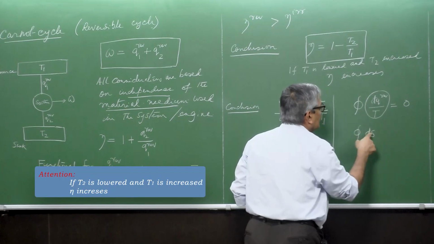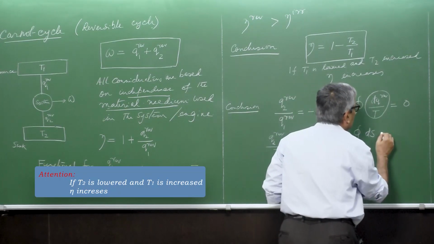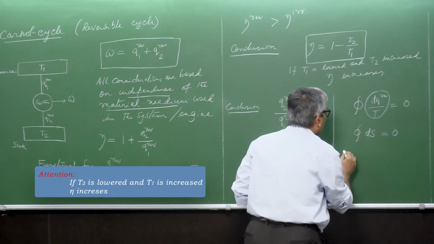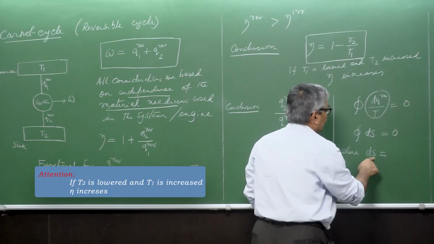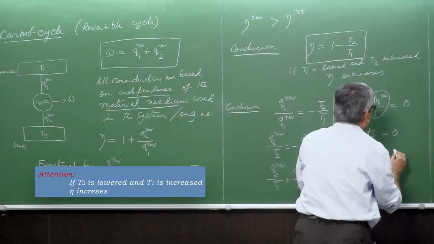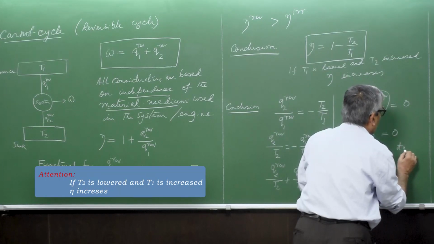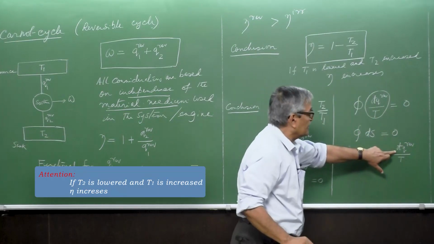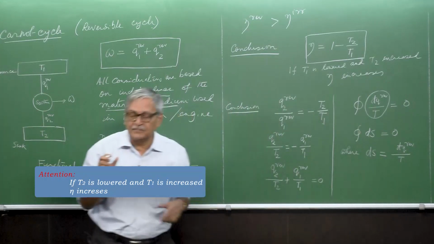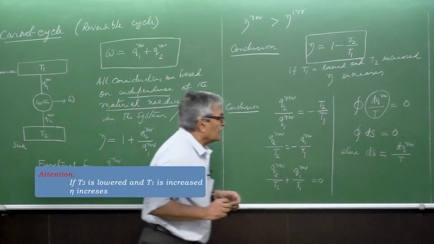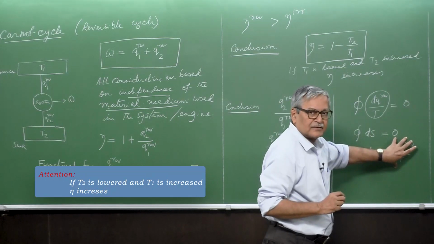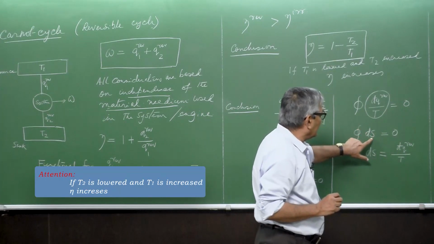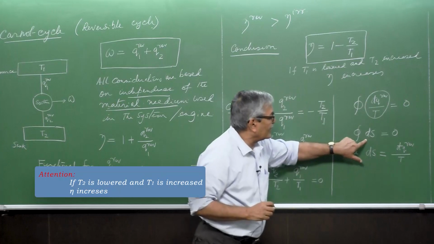If I write this as ds, it means the integral of ds is equal to 0, where ds is a differential of a function s, it is dq reversible by T. Note that dq itself is not a differential, but dq reversible by T behaves as a differential of a function s. So, there exists such a function, and that is equal to 0.